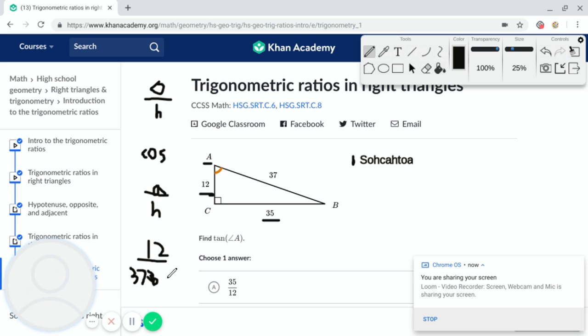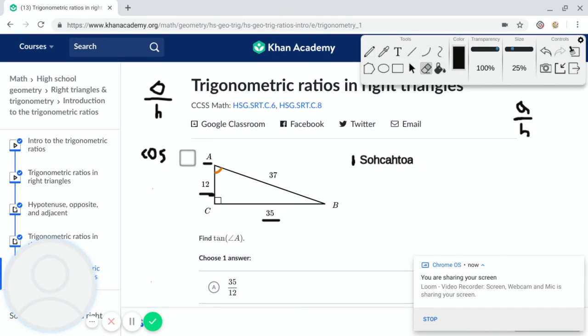But anyway, here you go. So that's the cosine of this. And now we are going to do... Oh, I should have kept it there. Alright, I'll just write it somewhere else. So yeah. Cosine is adjacent over hypotenuse.